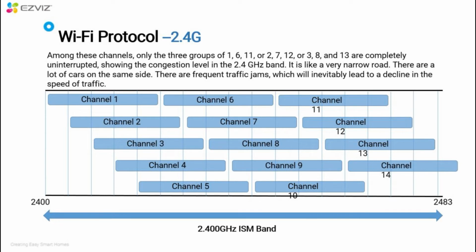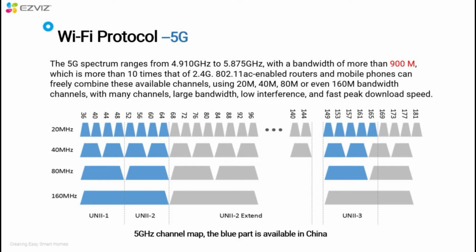There are frequent traffic jams, which will inevitably lead to a decline in the speed of traffic. About the 5 GHz, the spectrum ranges from 4.910 GHz to 5.875 GHz, with a bandwidth of more than 900 megahertz, which is more than 10 times that of the 2.4 GHz.